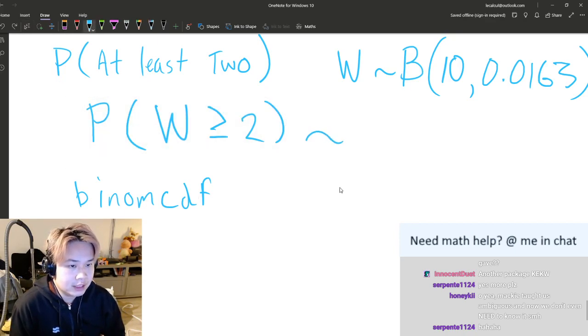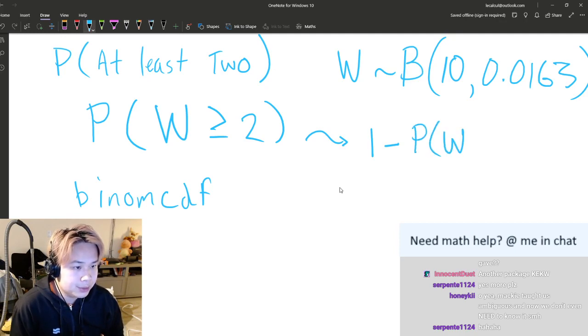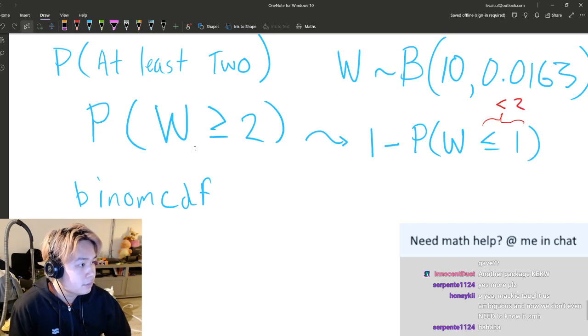So first we need to change this to 1 minus P of W being less than 2. Again, the complement of greater than or equal to 2 is 1 minus less than 2. But because this is talking about people, less than 2 is the same as less than or equal to 1. Okay, so we can calculate this.